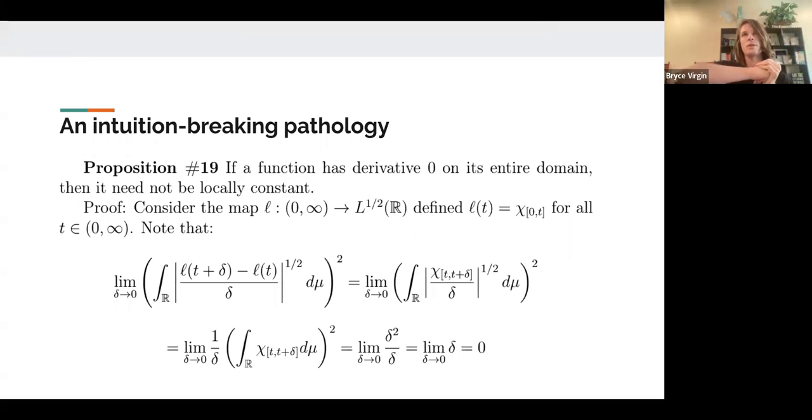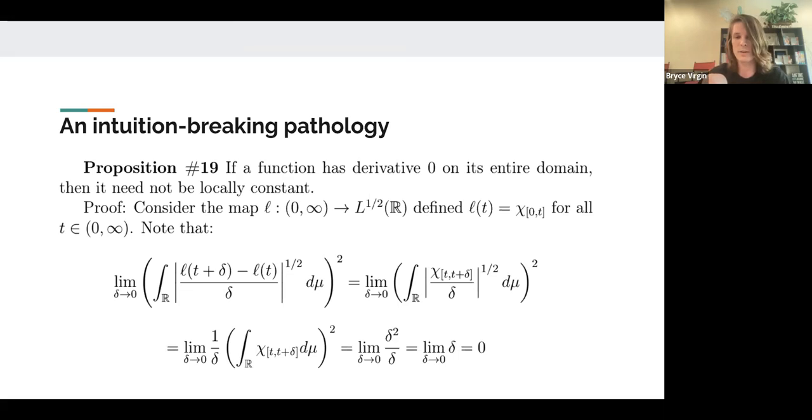If your derivative is equal to 0 everywhere, even in Banach spaces, that means you're locally constant. However, this is no longer the case in general real topological vector spaces. Being locally constant is no longer equivalent to having a vanishing derivative everywhere, as illustrated by the following example.